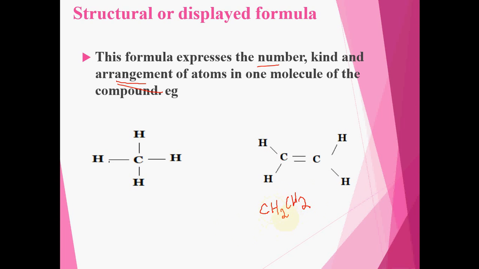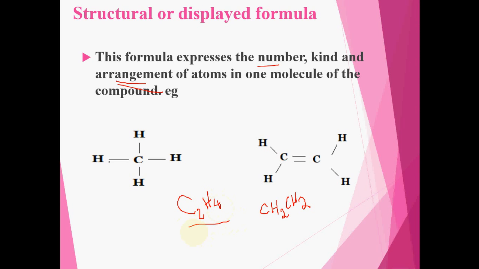So when you see this condensed formula, it clearly tells us this carbon is bonded to 2 hydrogen atoms, and this carbon also is bonded to 2 hydrogen atoms, which is totally different when I write it here like this, C2H4.